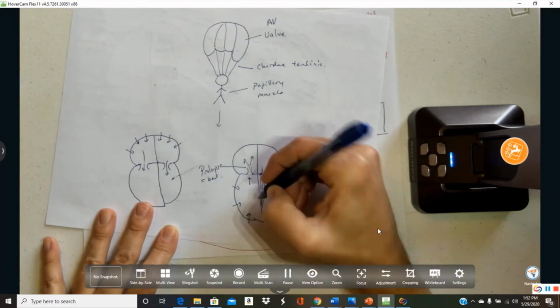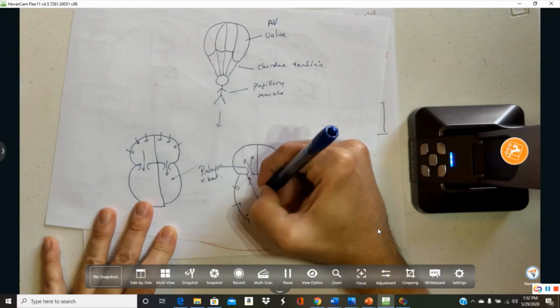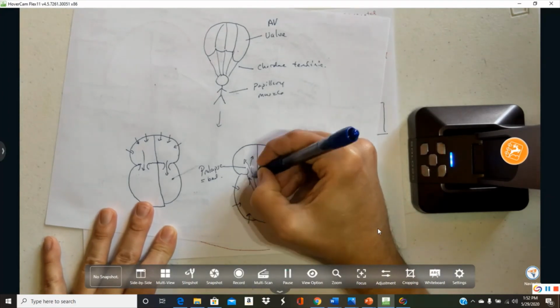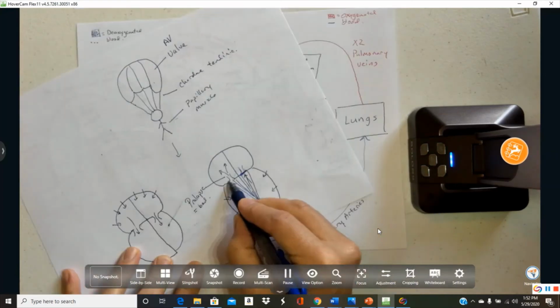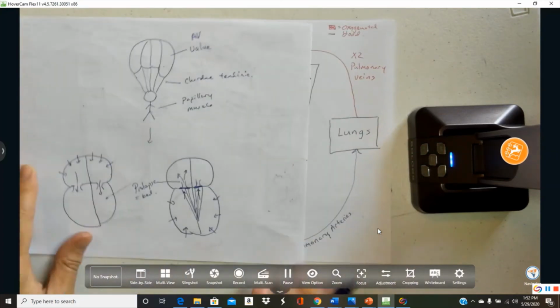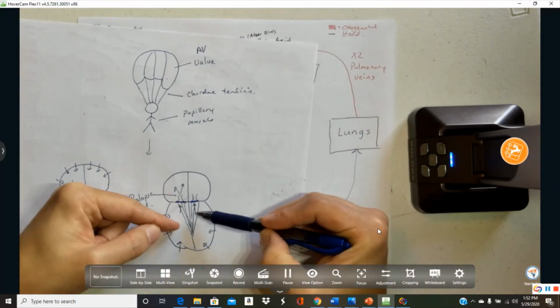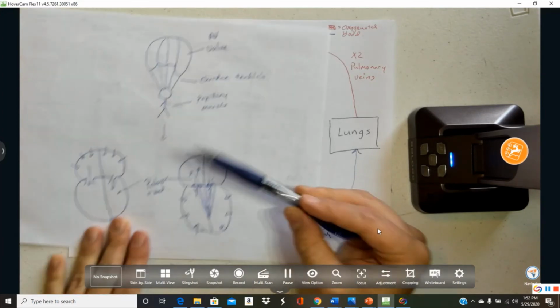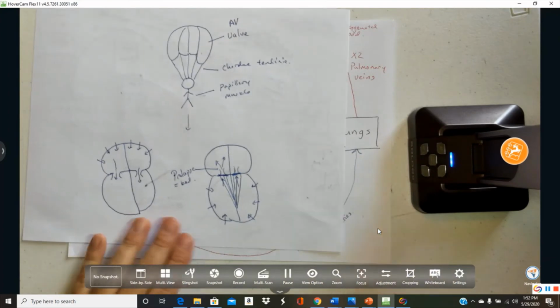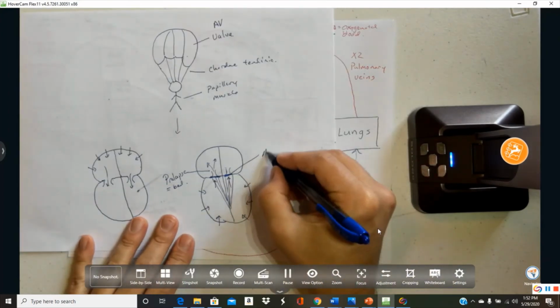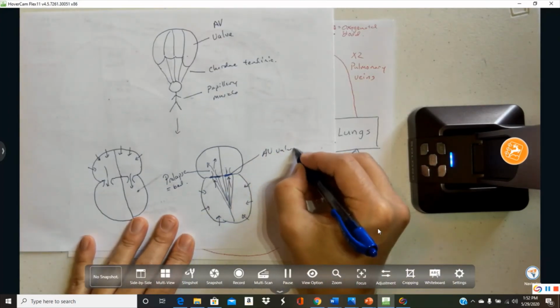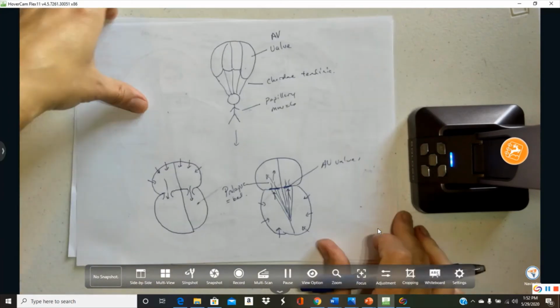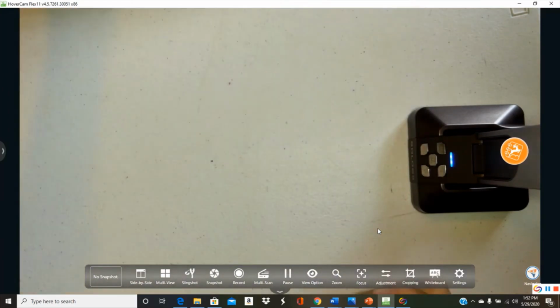If you have the cords present, the AV valves will not open up backwards. And these are AV valves, just so you know, atrioventricular valves. I hope that makes sense.